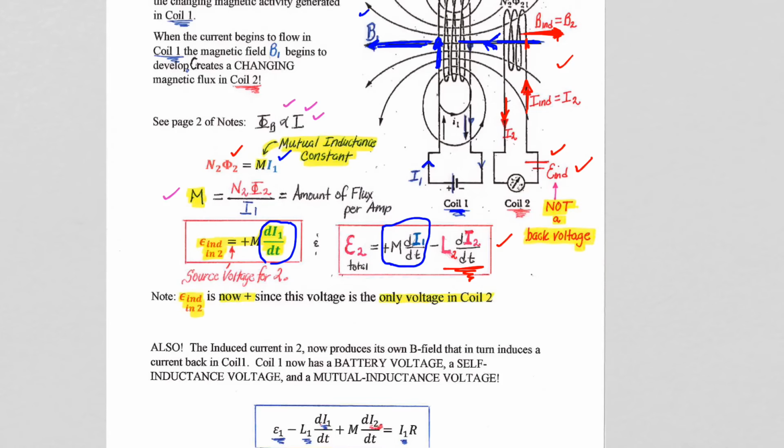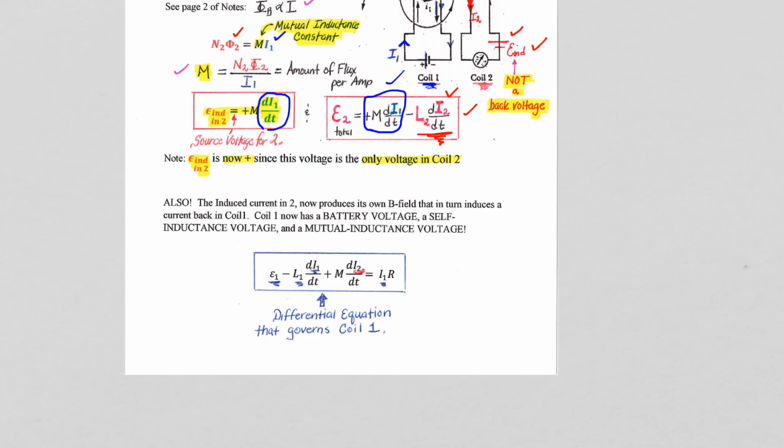You can see there's a can of worms opened up: when one changes, the other changes, and it bounces back and forth. We will never go past a first and second order effect. So here is our first order effect on coil 2, and our second order effect on coil 2. Now let's take a look at first and second order effects on coil 1. In coil 1, we have a primary source of current, the battery.